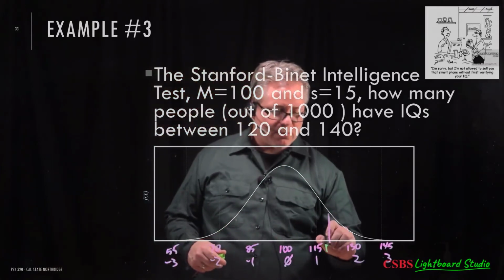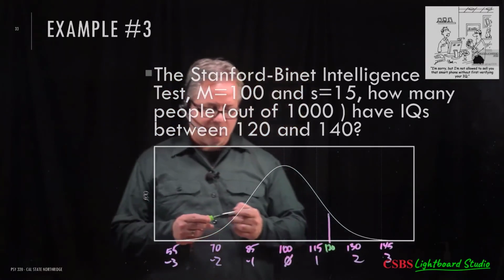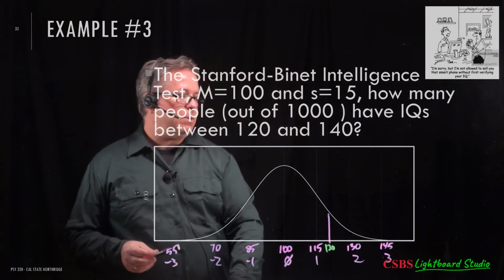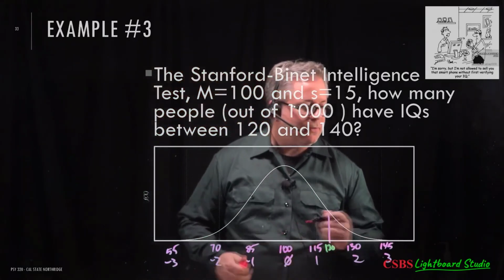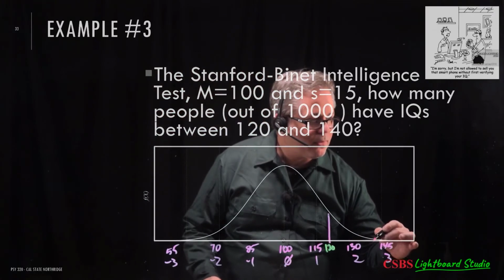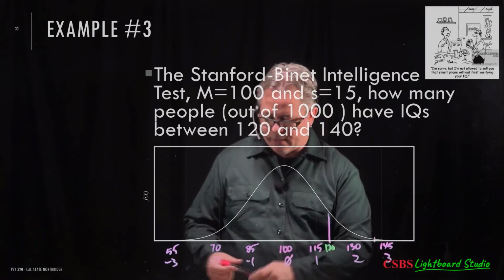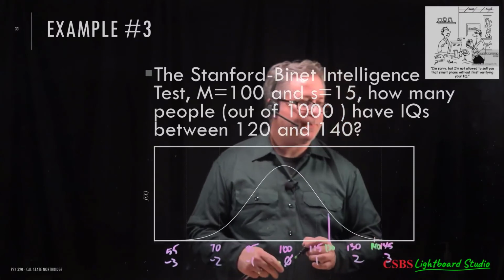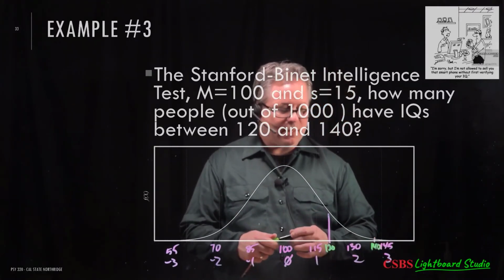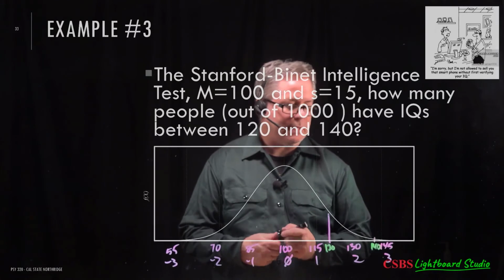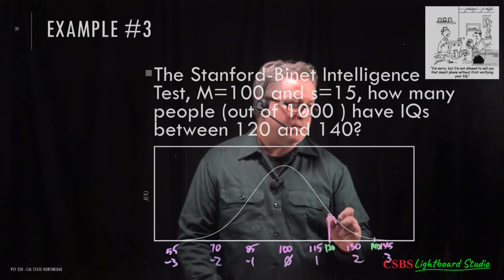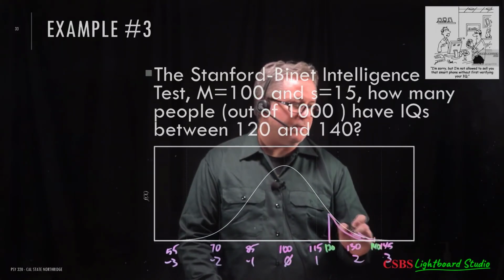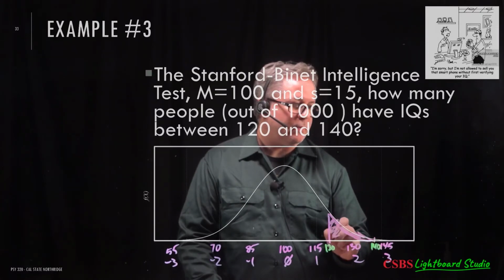Then I go to 140, which is way up here somewhere, and it's barely even noticeable. I want the area in between the two of these.